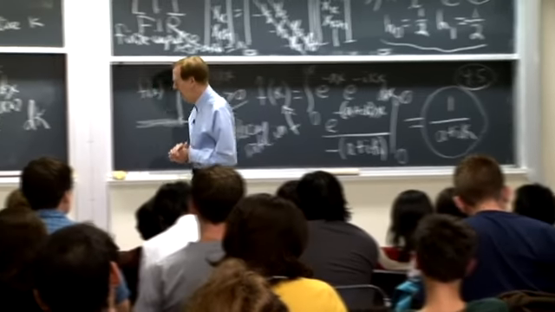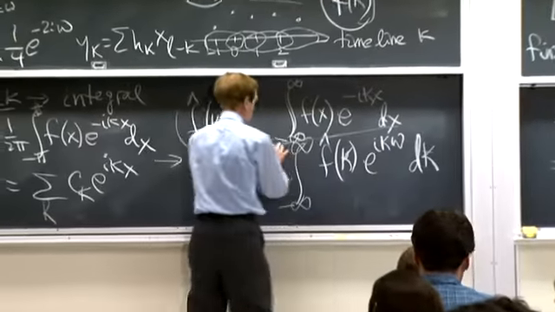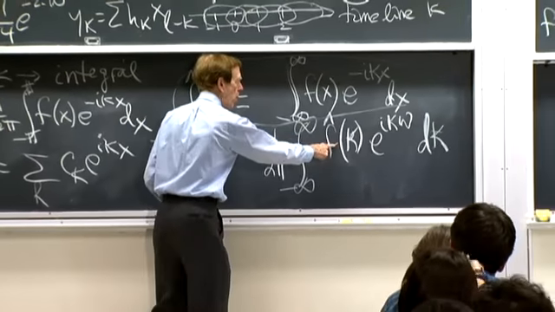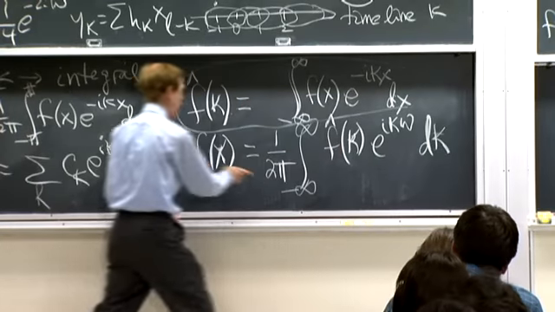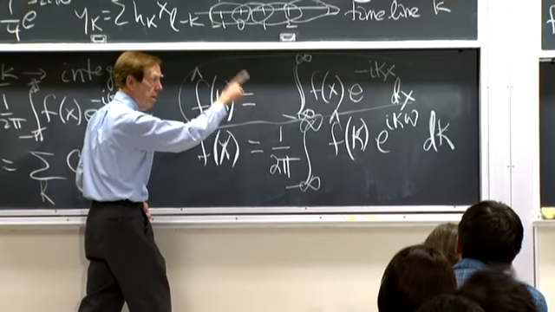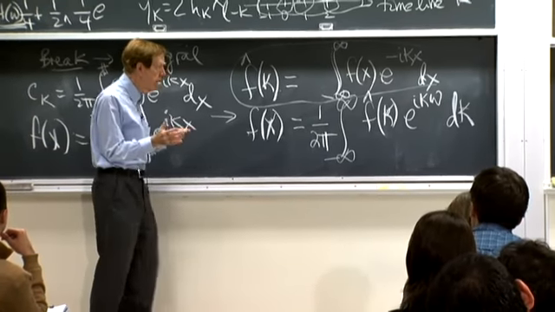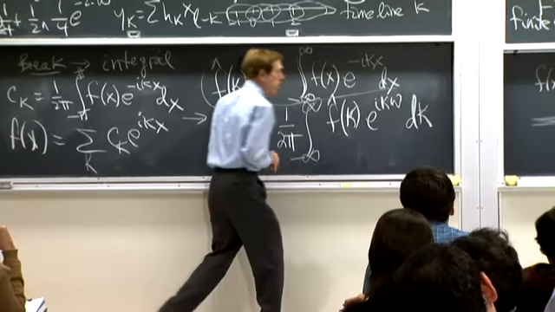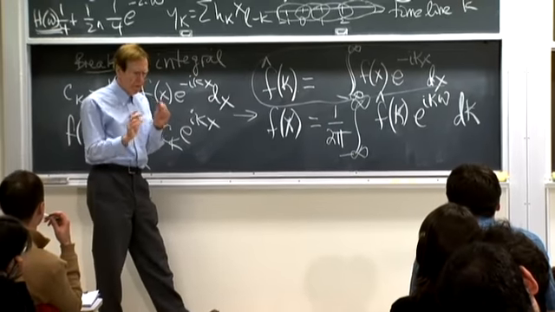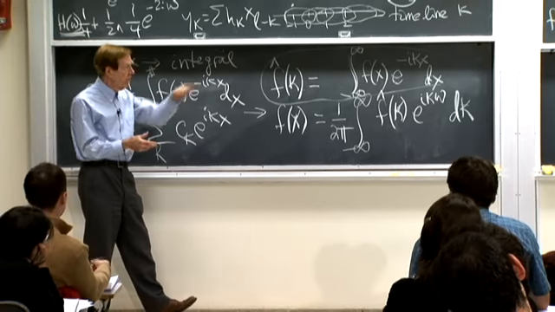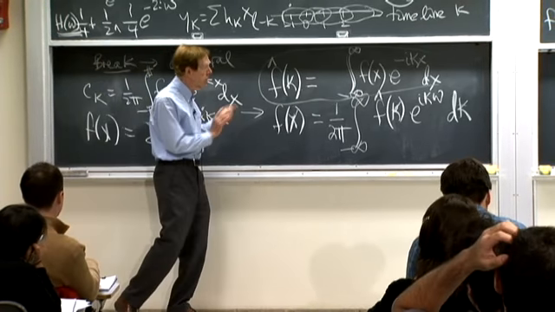Well, you might say, wait a minute, okay, that's fine, but what about the other direction? Could I put in 1 over a plus ik and get back the exponential pulse? The answer is yes, but maybe I don't know how to do that integral. So I'm fortunate that these formulas are proved for any function, including this function.